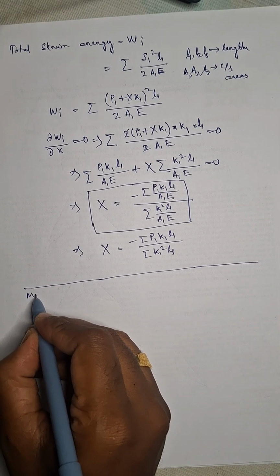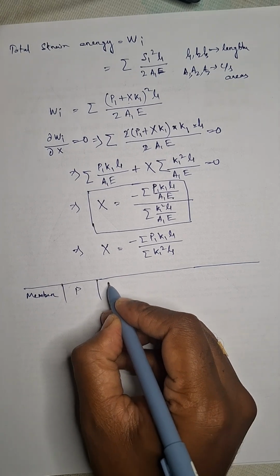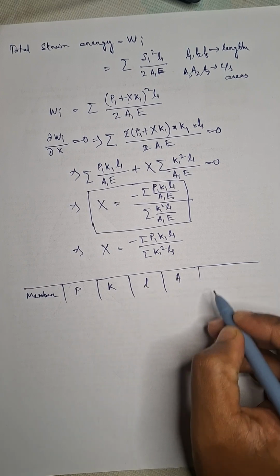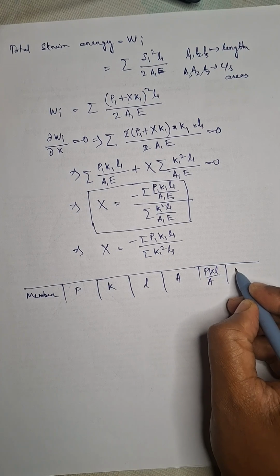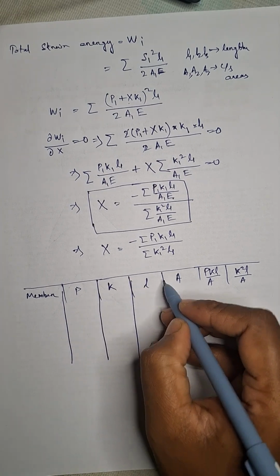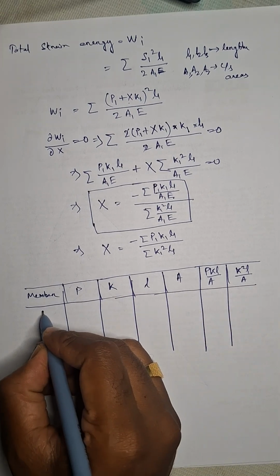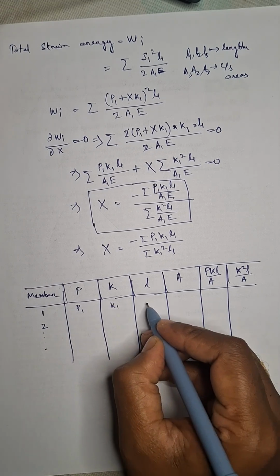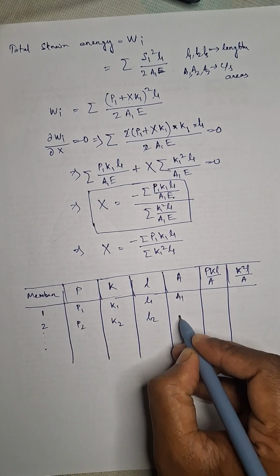First column is member, then P, then K, then length of the member, then A. Then another term is PKL by A, and another term is K square L by A. First member is member 1, then member 2, and it goes on. For member 1, this one is P1, K1, L1, A1, and this is P2, K2, L2, A2.